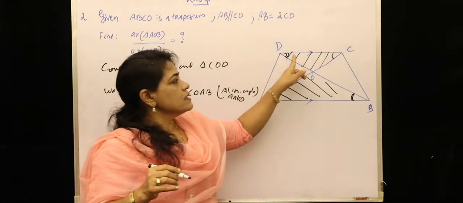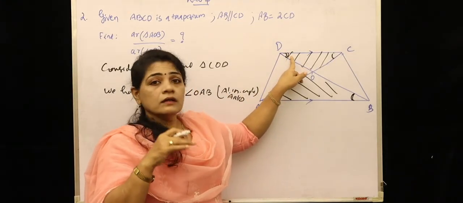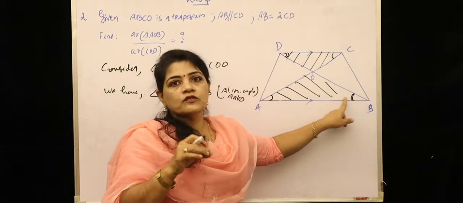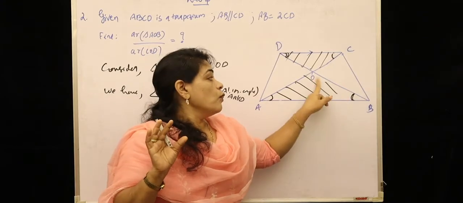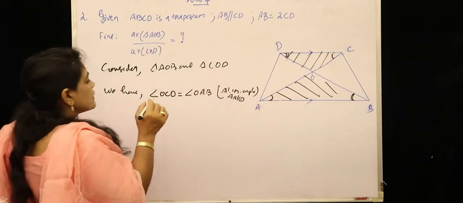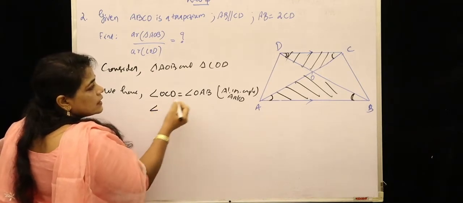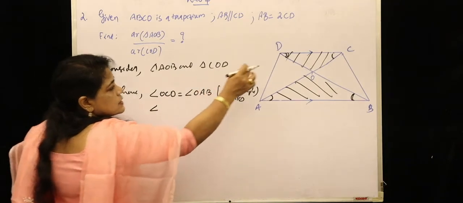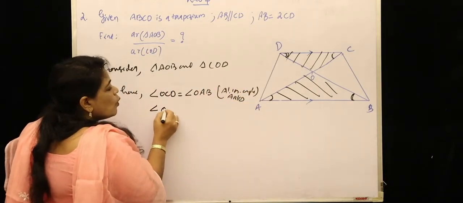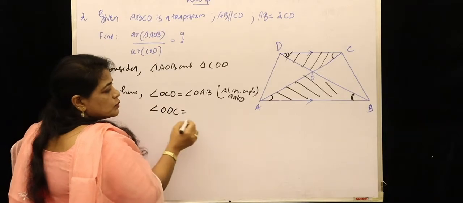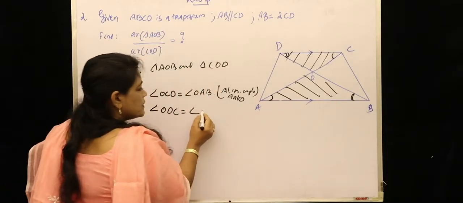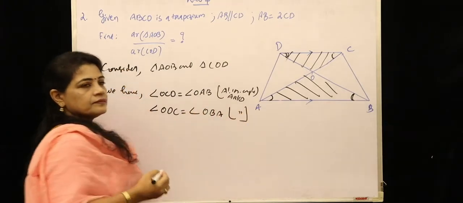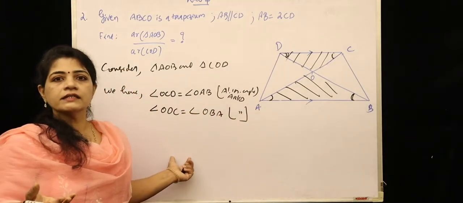This is one of the angles of triangle COD, and this is another angle of triangle AOB. So you can also write, for the first triangle COD, angle ODC equal to angle OBA, for the same reason. This is enough by the AA similarity criterion.